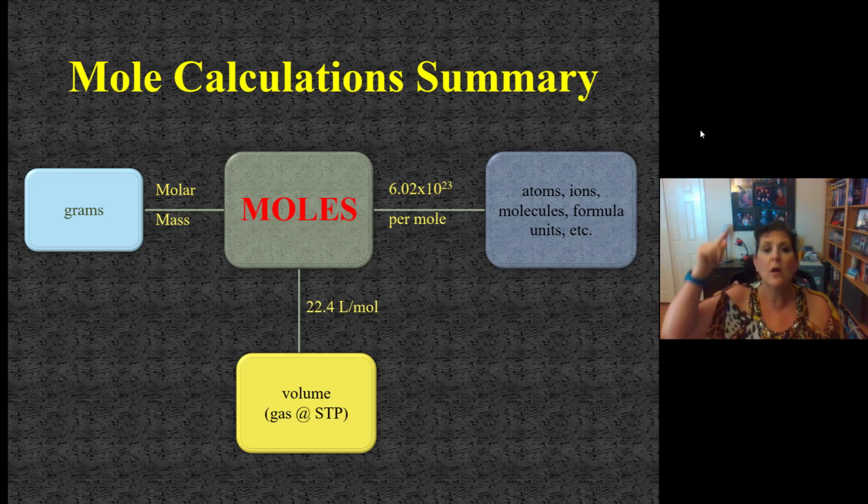And we just learned we can go from moles down to volume of a gas at STP using the 22.4 liters per mole. The mole is the center, isn't it? You have to go to moles first before you go anywhere else. A lot of students memorize this chart, and then for exams, when you get scratch paper, they write this chart down and have it ready for the exam. So that's just a hint.